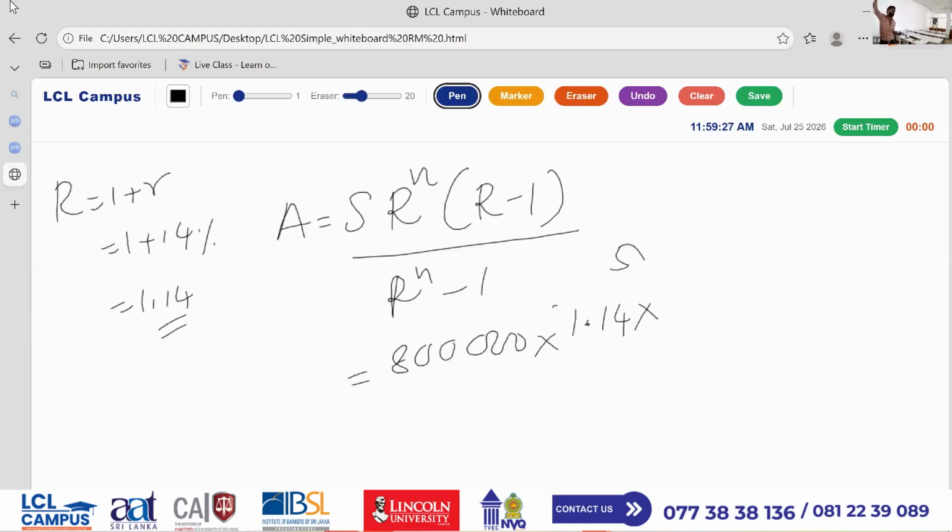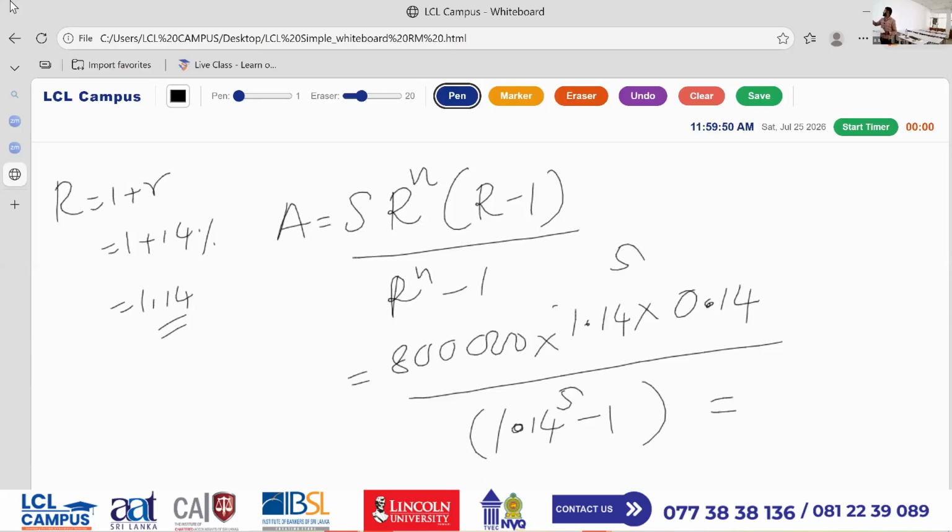Capital R minus 1 means simple r, that is 0.14, over 1.14 to the power 5 minus 1. Take the answer.